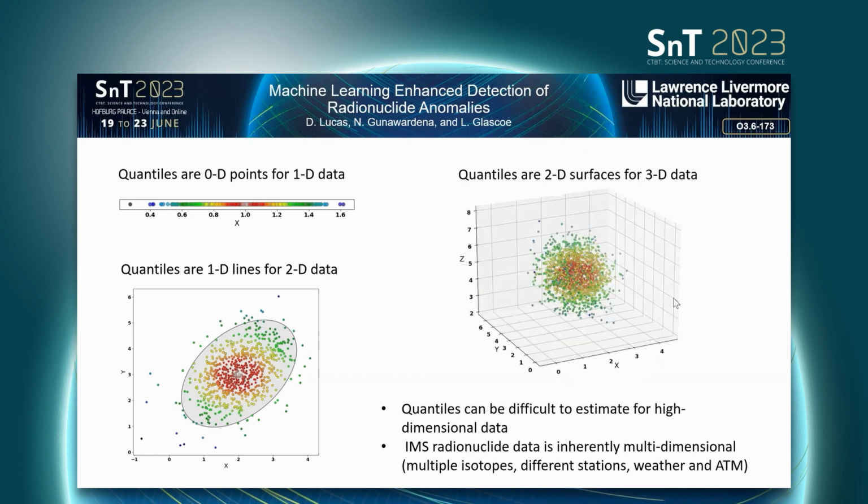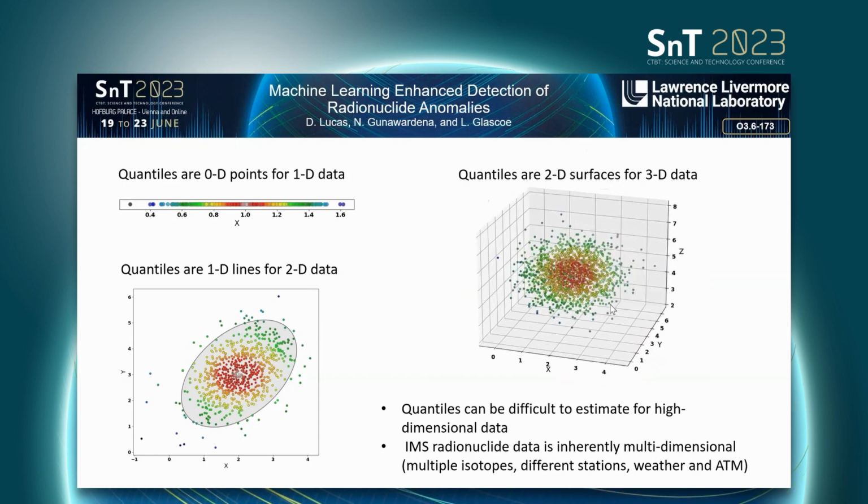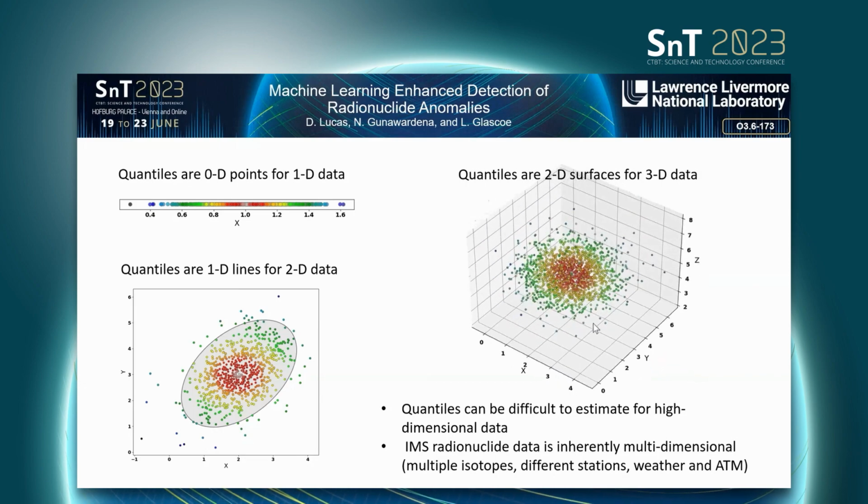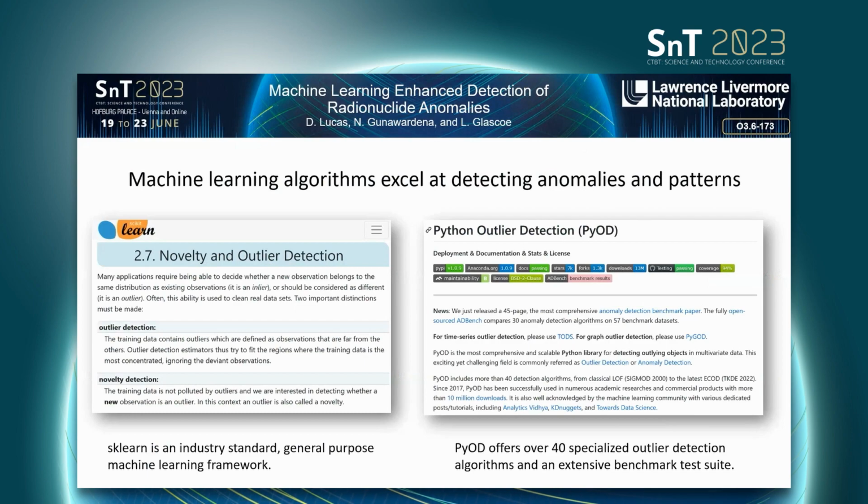Well, this is where machine learning can come in and help us calculate these outliers or anomalies, hopefully a little bit easier. I introduced earlier in the talk some of the different communities that use and apply anomaly detection algorithms. What that means is there are packages available and easy to use to apply these algorithms.